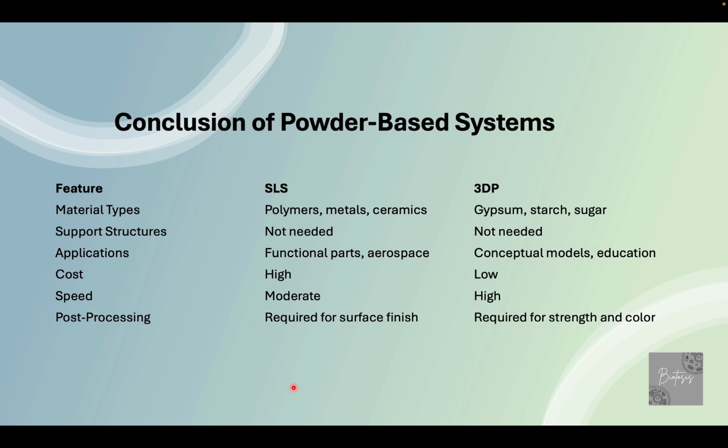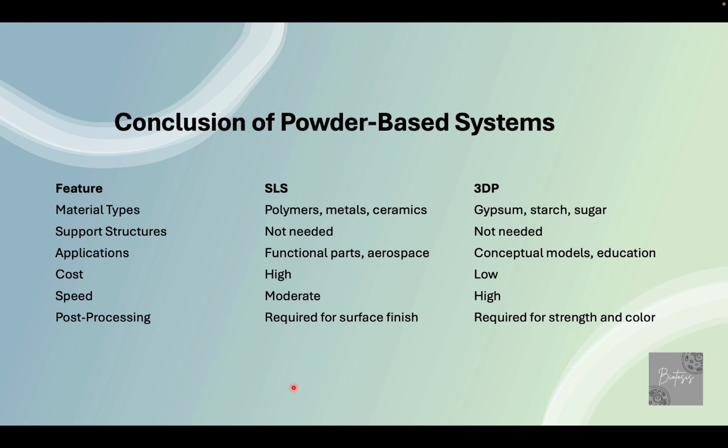Now let us come to some conclusion. In SLS, the materials that can be used are polymers, metals, ceramics, and in 3DP it is gypsum, starch, sugar. This is when we are talking about any particular type of 3DP.